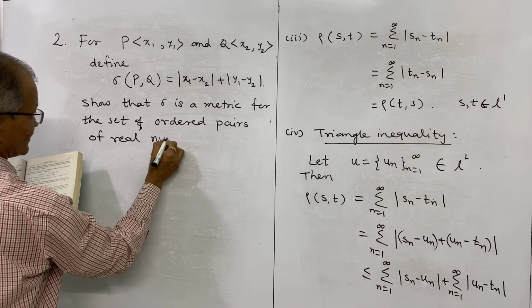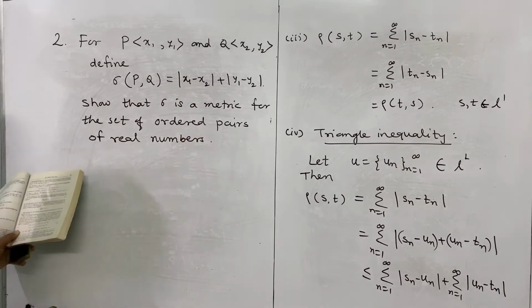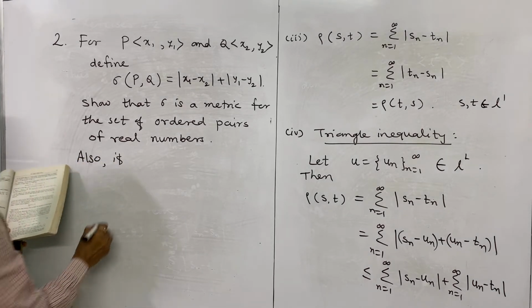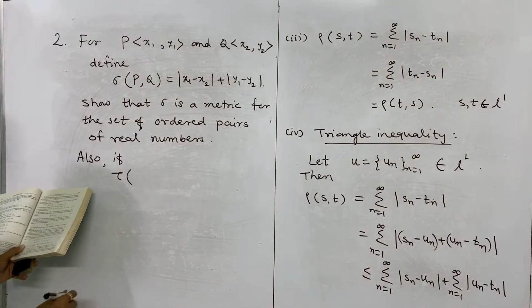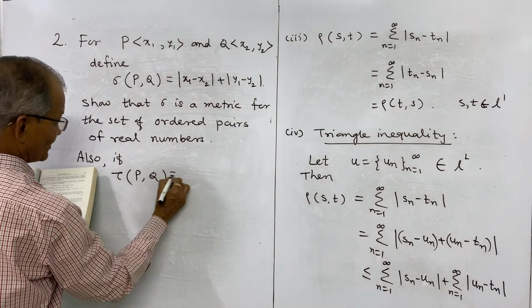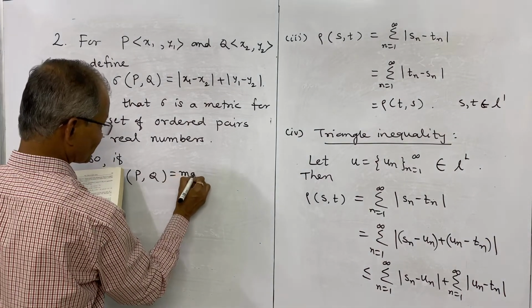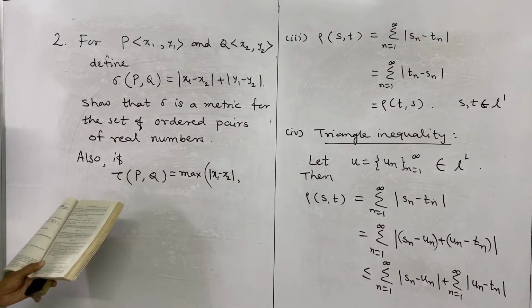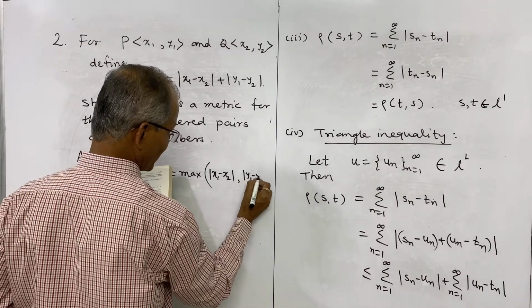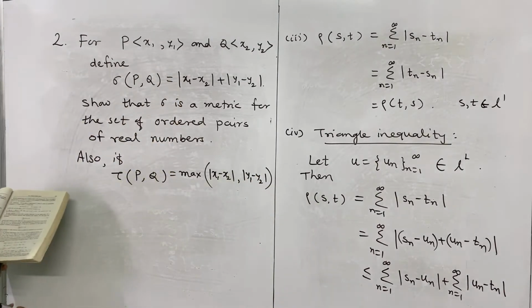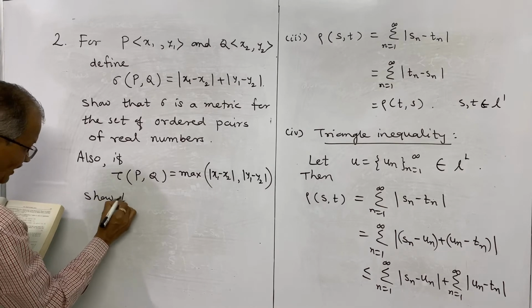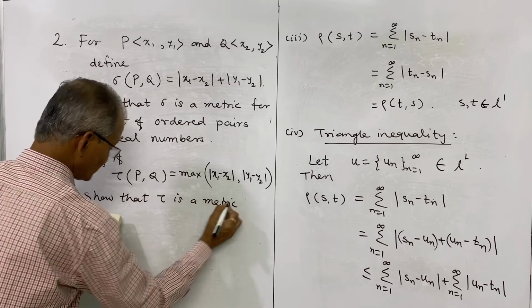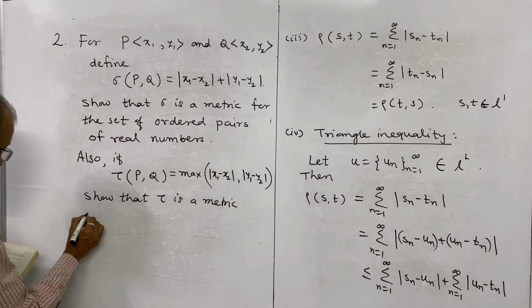It is defined on the set of ordered pairs of real numbers. And further, also if we define another function tau of P and Q equal to the maximum of the absolute difference of x1 and x2 and the absolute difference of y1 and y2, show that tau is also a metric for the same set.